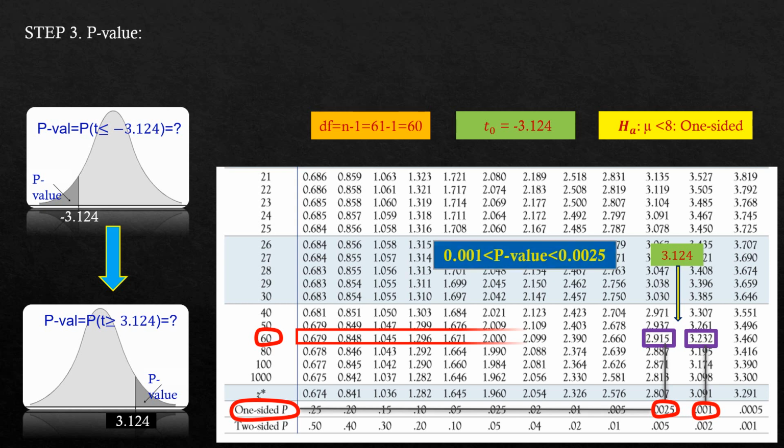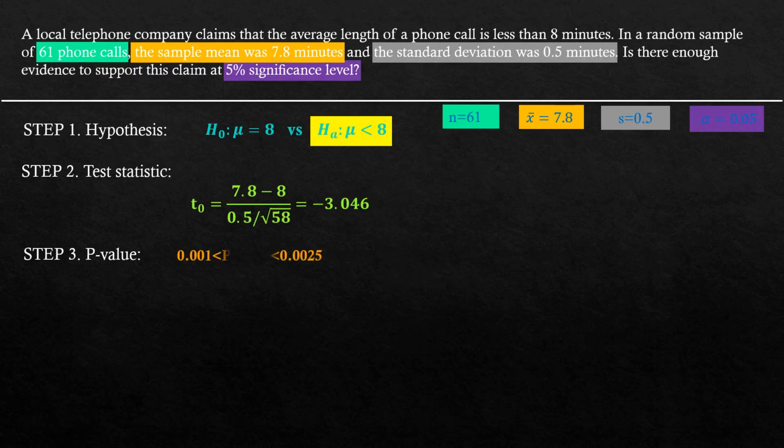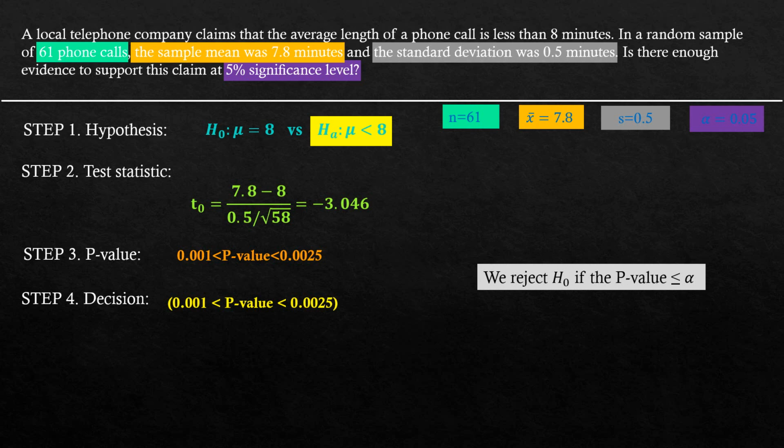Again, we cannot find the exact p-value, but a range for the p-value. Now go back to the problem. We know the range of the p-value. Next step, decision. How do we get the decision? Use the p-value, and we reject H naught if the p-value is less than or equal to alpha.